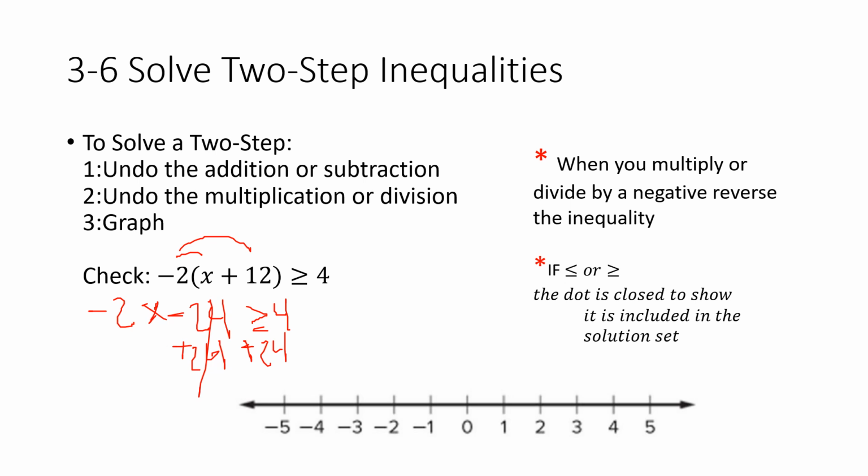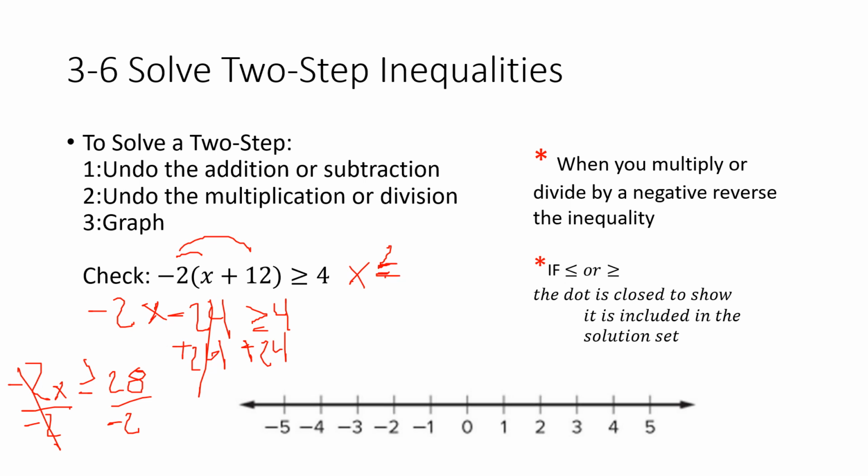Those cancel. You're left with negative 2x is greater than or equal to 28. Undo the multiplication. Divide by negative 2 on both sides. And you are left with x, oh, see, I almost messed up, is less than or equal to.